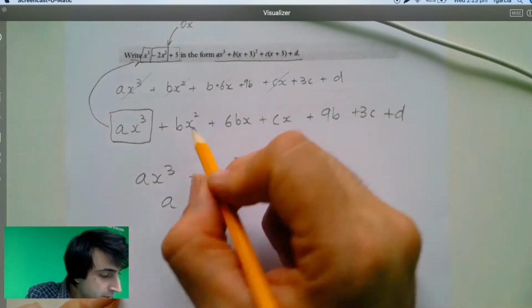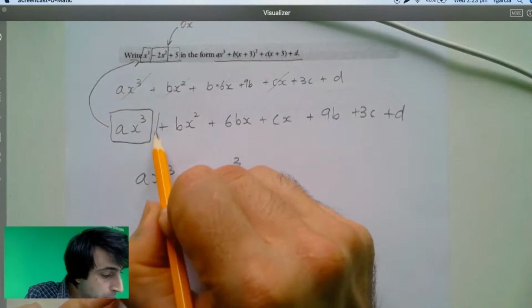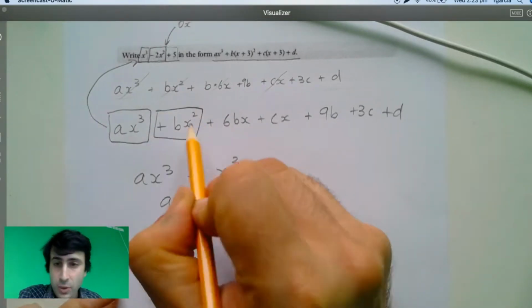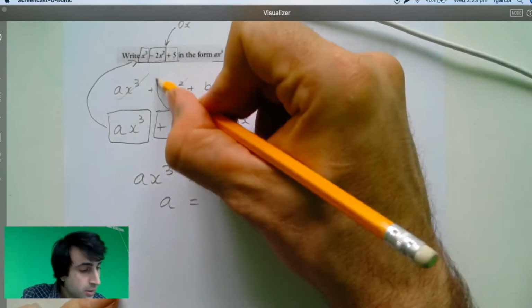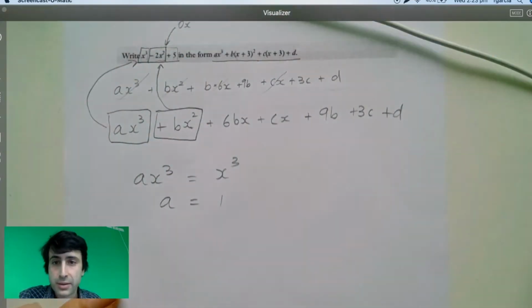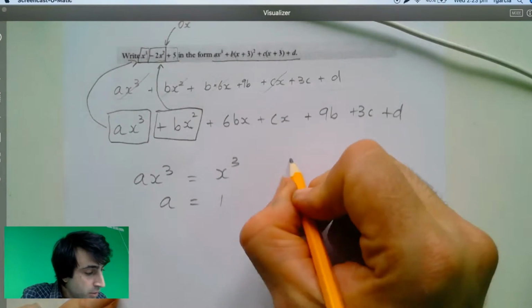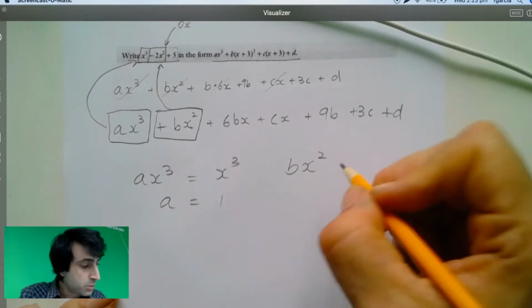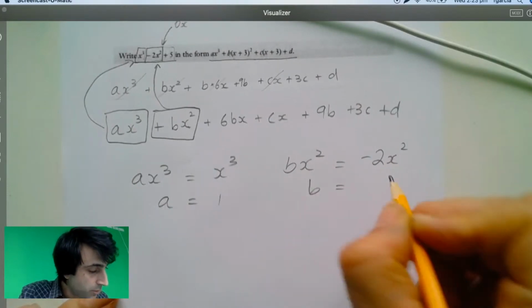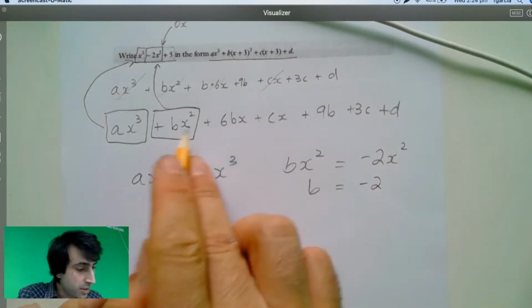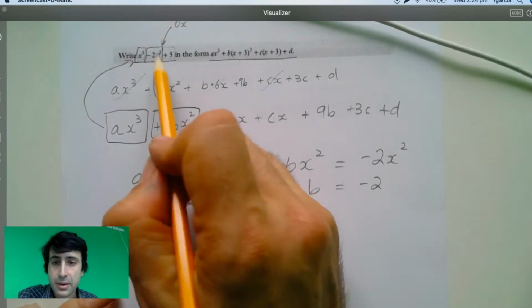And here I see that bx squared links directly to minus 2x squared. Therefore, bx squared equals minus 2x squared. Therefore, b has to equal minus 2.